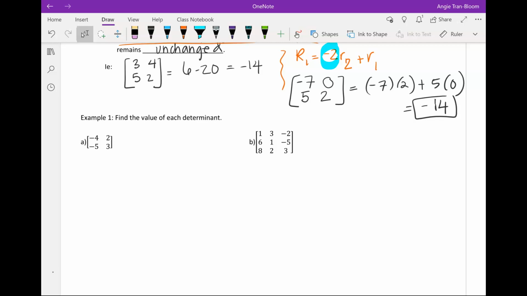It's 18 plus 40. Yeah, this is 68. So now 12. Okay, now try it again.